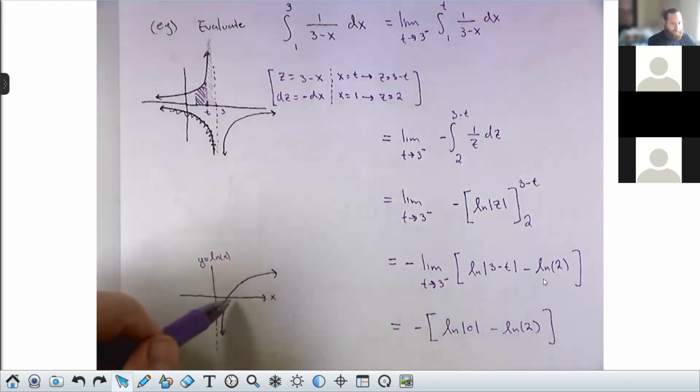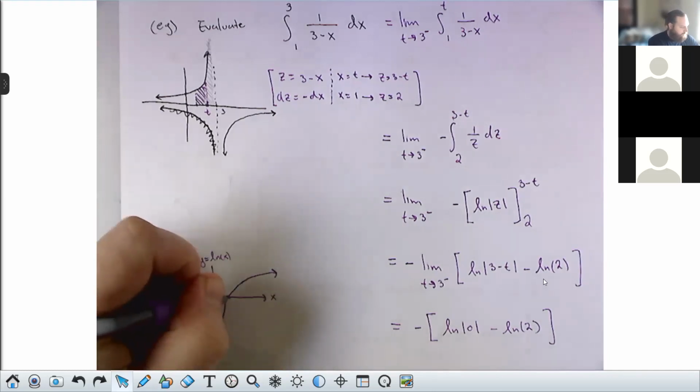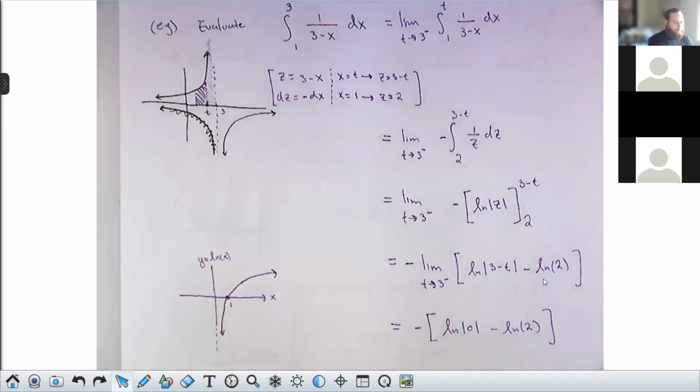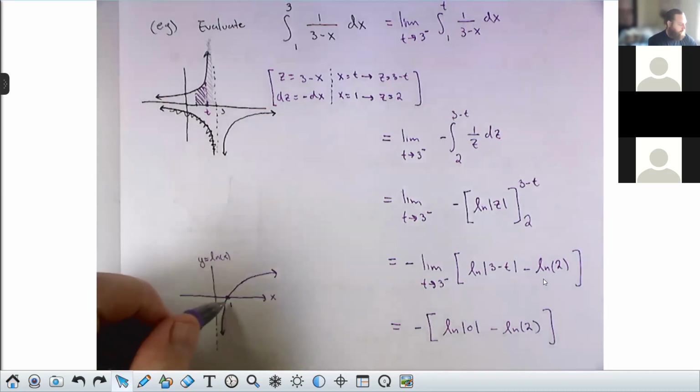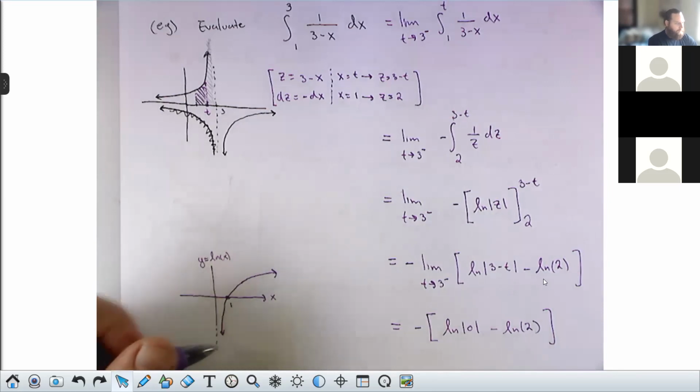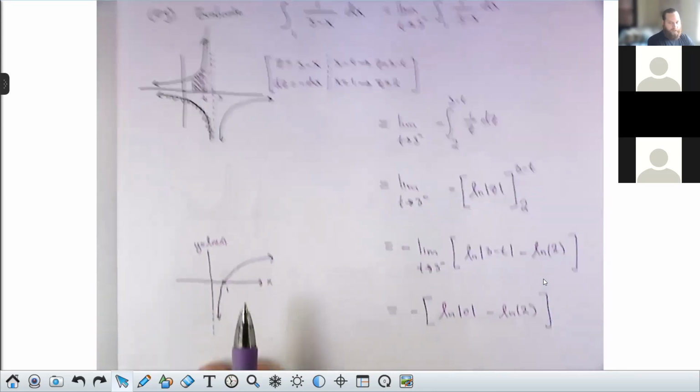There is this piece over here, but that's not the whole story. The natural log function also continues down here. Right? This is at 1. So between 0 and 1, the natural log function starts diving down to negative infinity. So this natural log of 0, that's negative infinity.